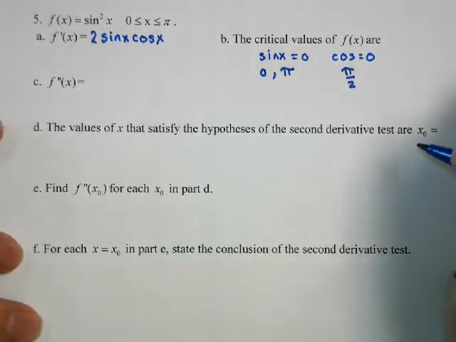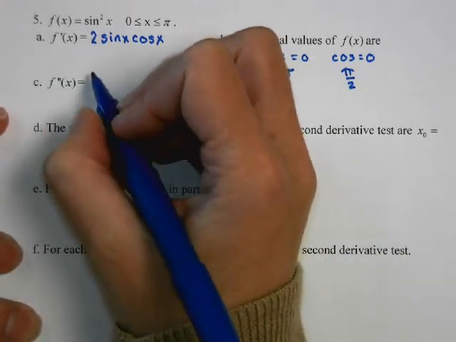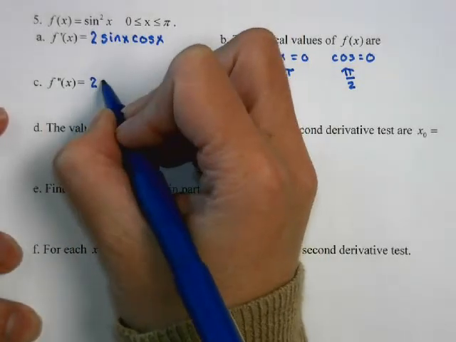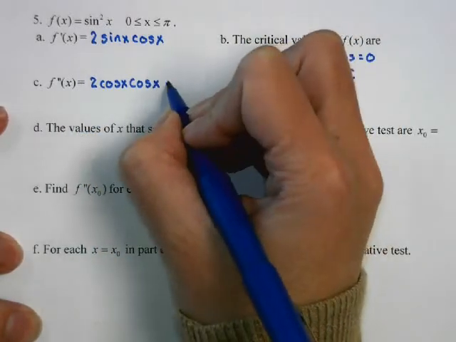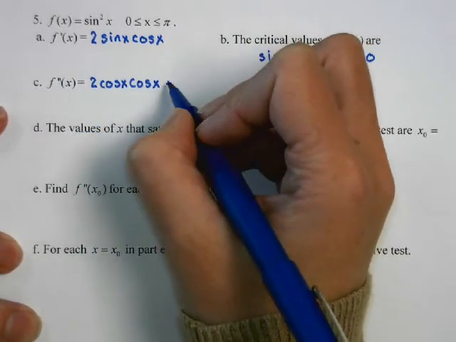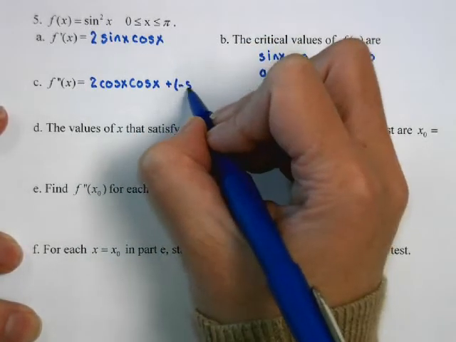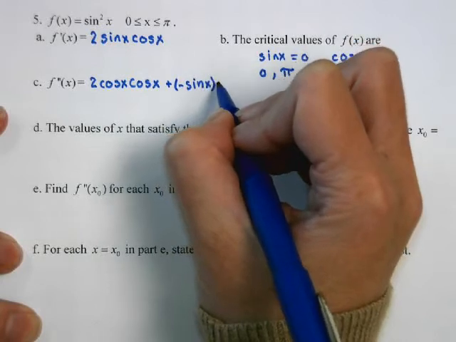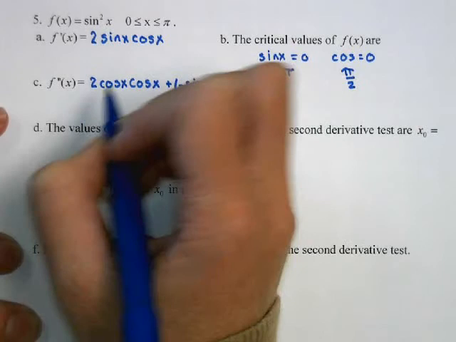Okay, the second derivative we're going to find using the product rule. So we're going to have 2, derivative of sine is cosine, times cosine, plus derivative of cosine is a negative sine, times the 2 sine.